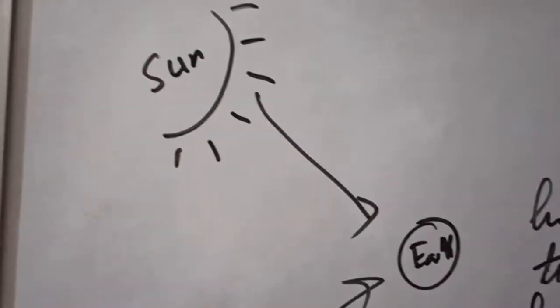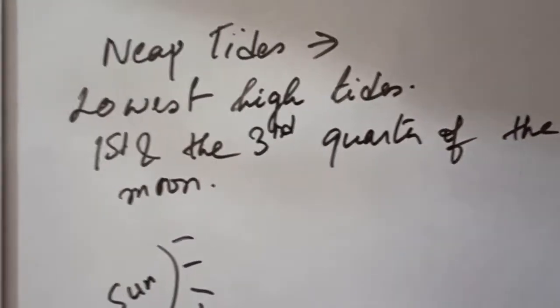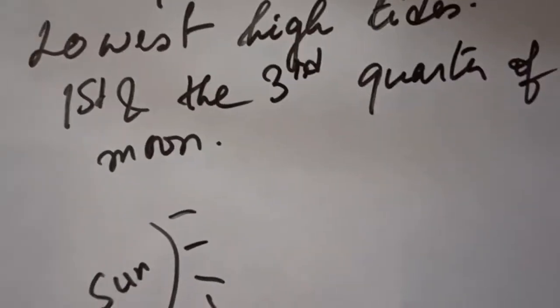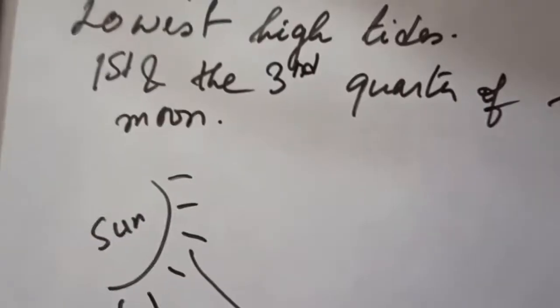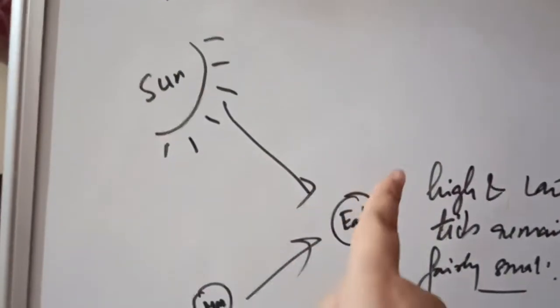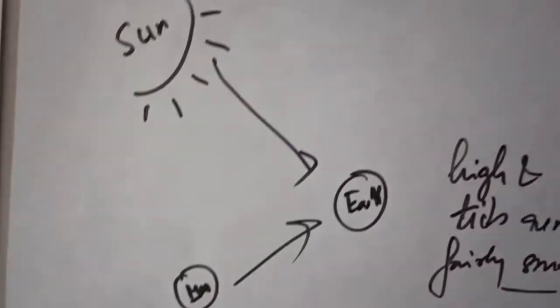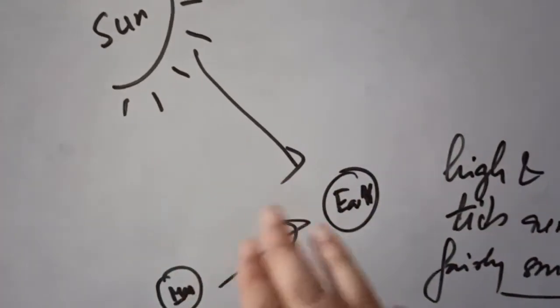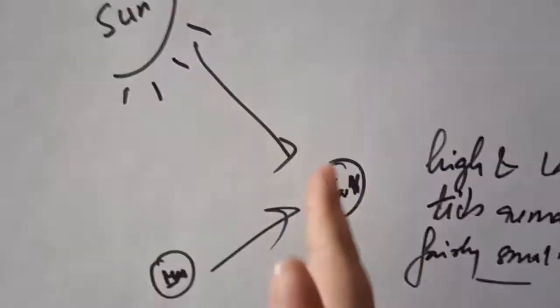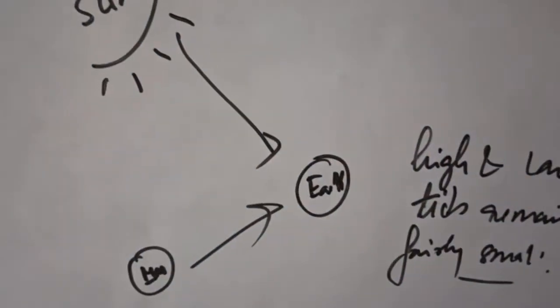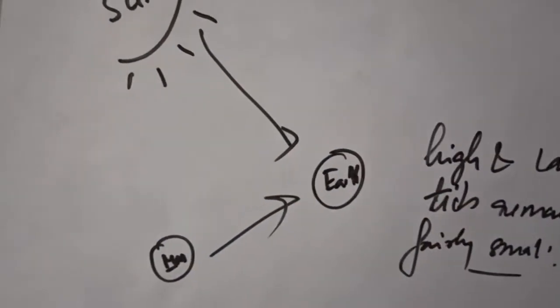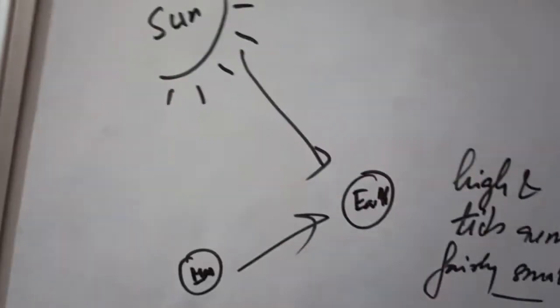I am going to explain this once more. Neap tides are the lowest high tides. They occur at the first and the third quarter of the moon. During this time, the sun and the moon lie at a right angle to the earth, that is, the position of the sun and the moon is such that they are placed at a right angle from the perspective of the earth.